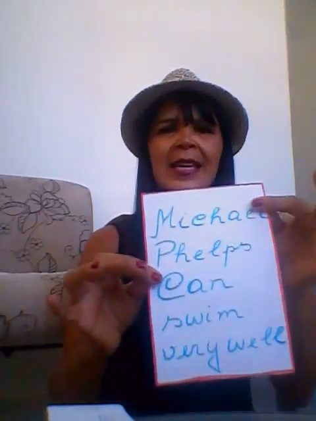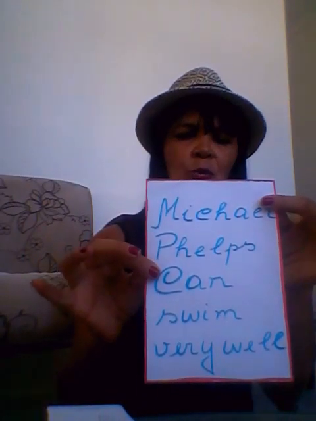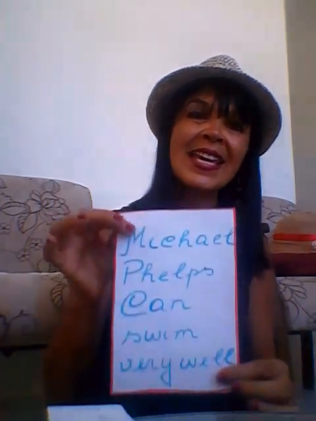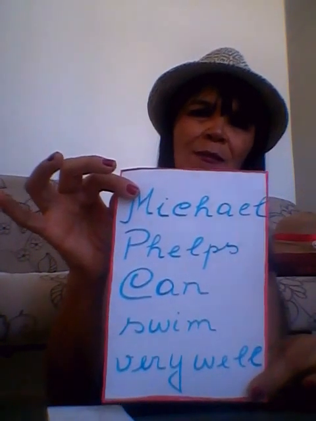Because I do. Let's talk about his ability, his competence. You remember that Michael Phelps swam very well. Michael Phelps can swim very well. Michael Phelps has the ability of swimming very well. He can swim very well.